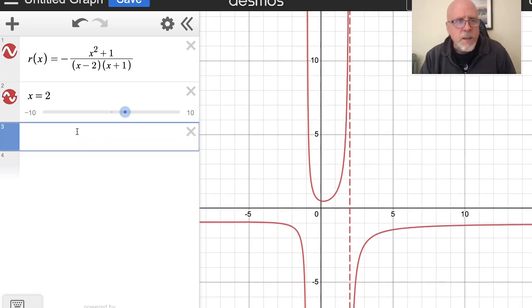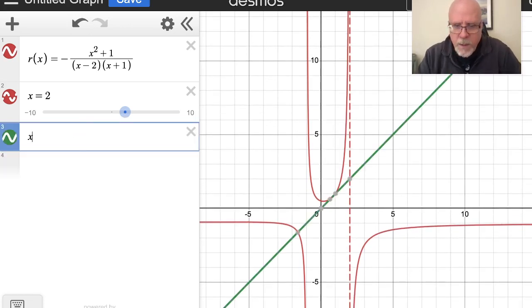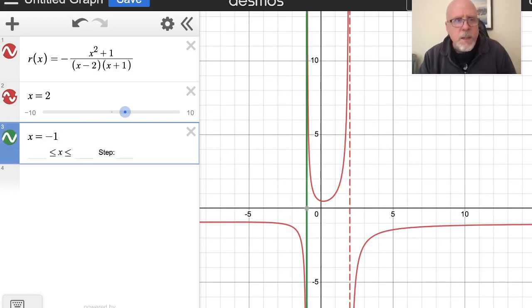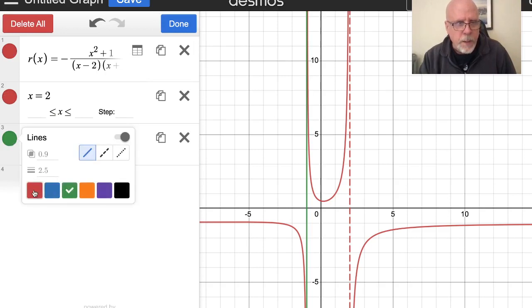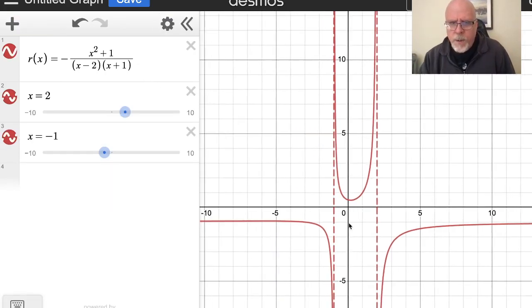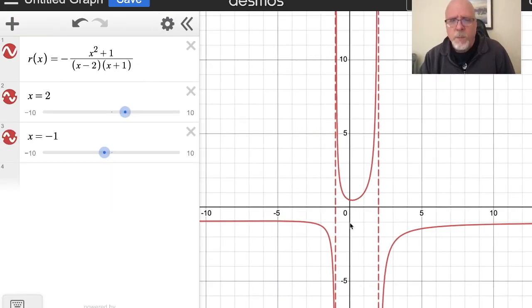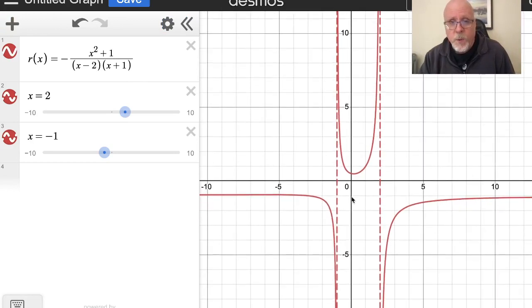I'm going to add a line for that. X equal -1. I'll adjust it to look the same so that it's red and dashed. Yeah, so this is a pretty strange looking function right now, but it's surprising how often you want to create a function of this nature.